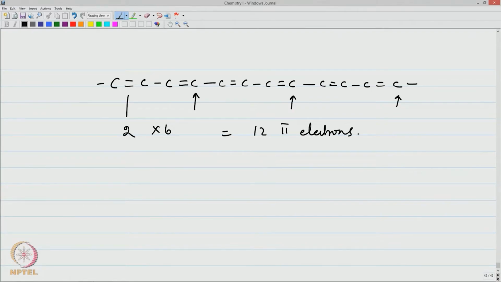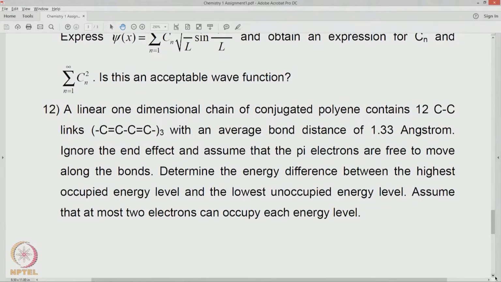The problem asks you to determine the energy difference between the highest occupied energy level and the lowest unoccupied energy level, with the assumption that at most 2 electrons can occupy each energy level.